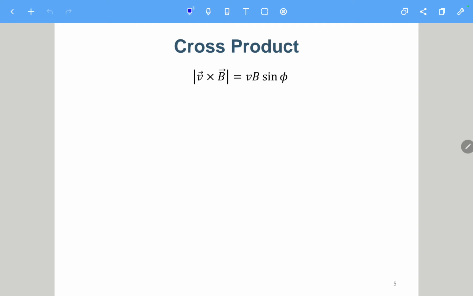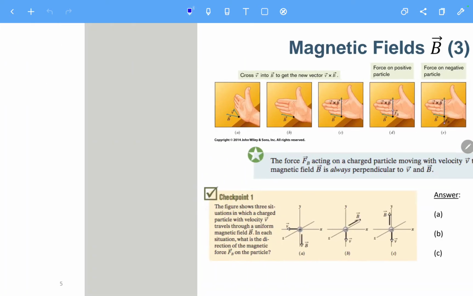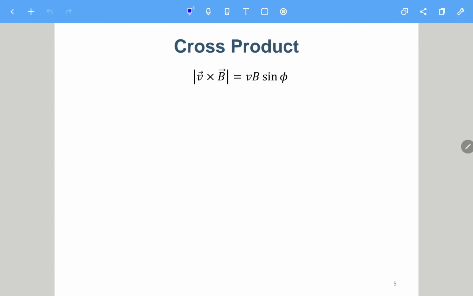Here we slightly talk about the cross product. This is V, this is B, and this is the angle phi. Suppose V and B point in different directions.